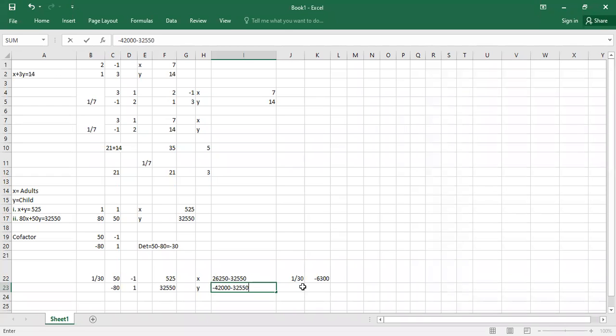What do you get? Are you getting negative 74,550? Yes. That's the answer you are getting. Divide by 30.